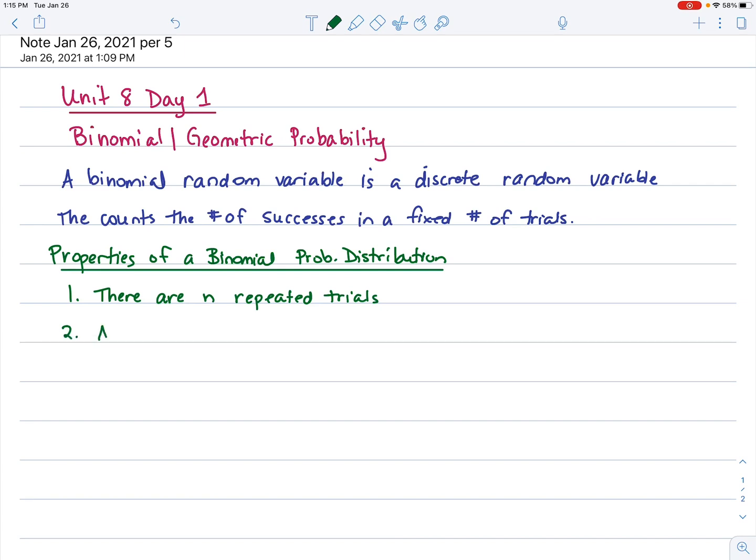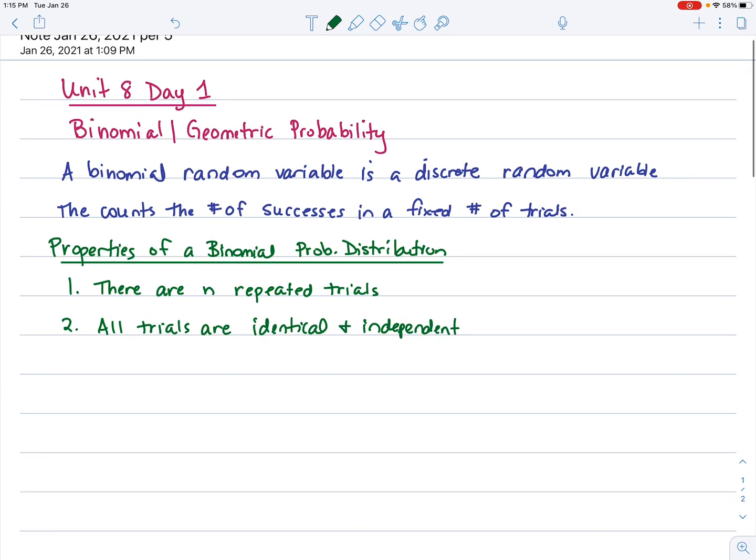All the trials are identical and independent. Each trial only has 2 possible outcomes. That's why it's binomial: success and failure.